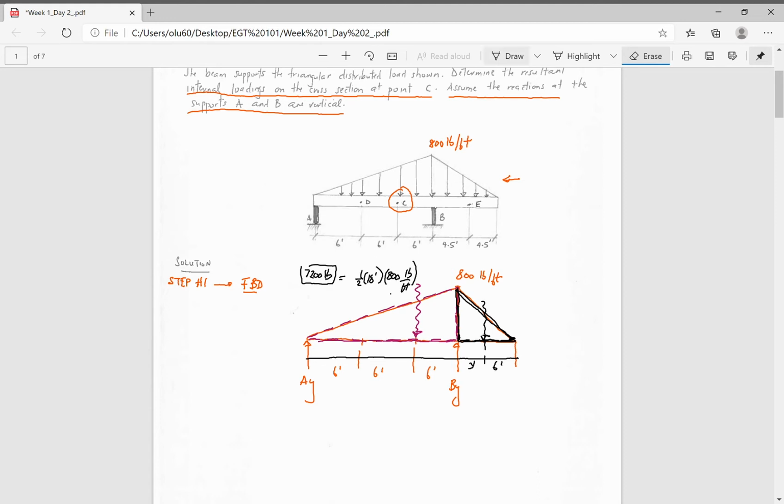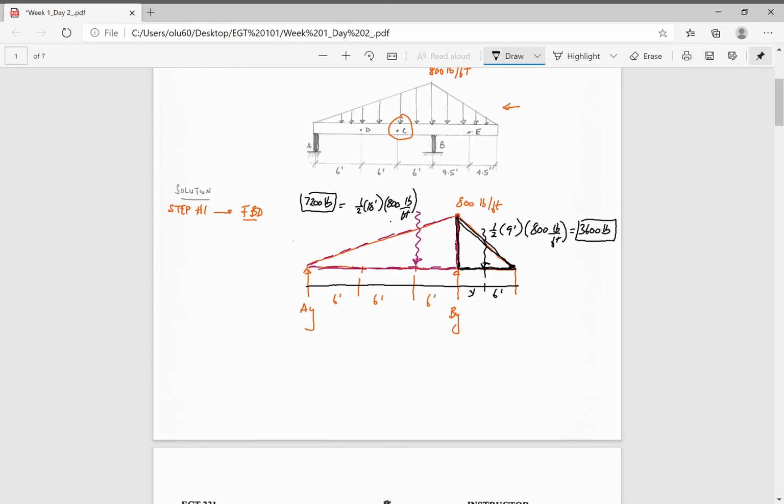Now this is going to be 1/2. The base is 9 feet and the height is 800 pounds per foot, which is going to give us 3,600 pounds.